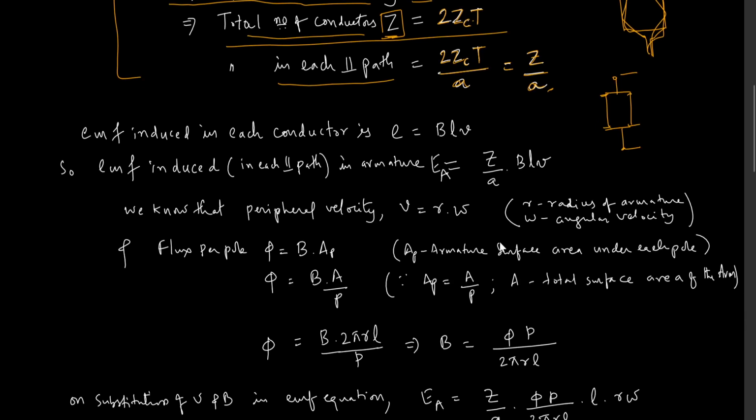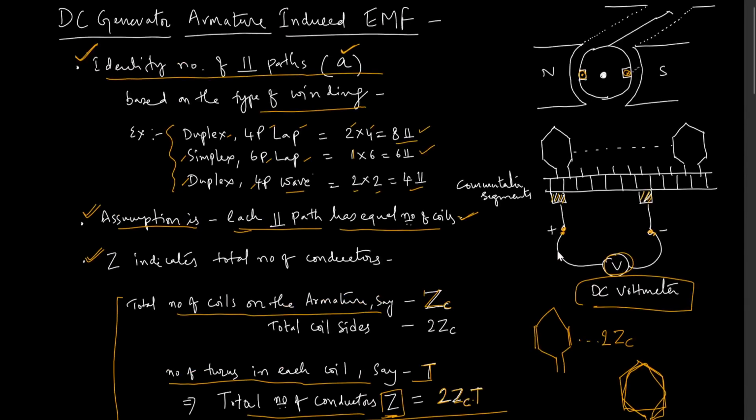Now we know the EMF induced in each conductor, small e, is given by e equals BLV. We have already derived this in the very first class of our course. Here this is a coil like this. In this coil side we will have e, and in this coil side we will have e, and both are connected like this.